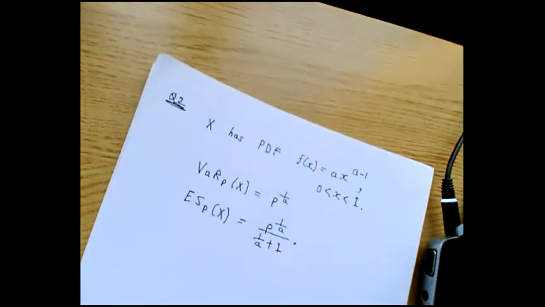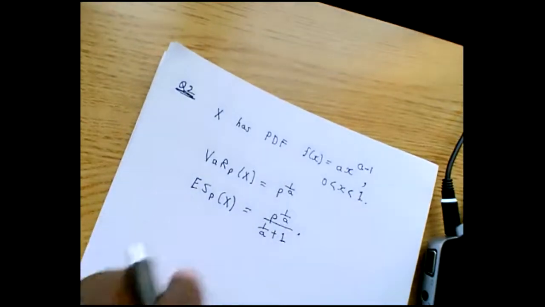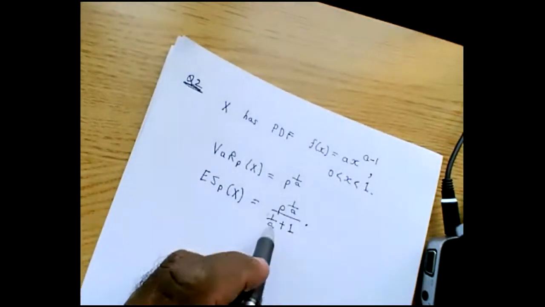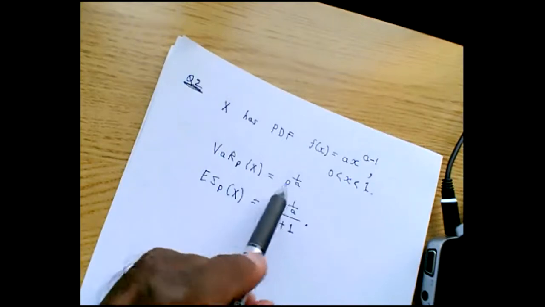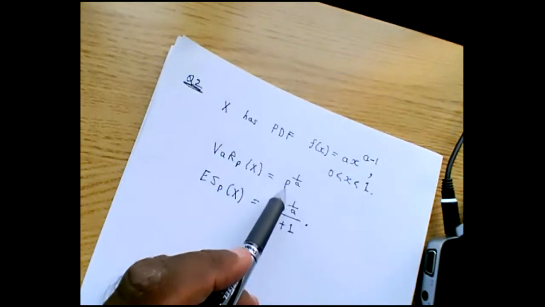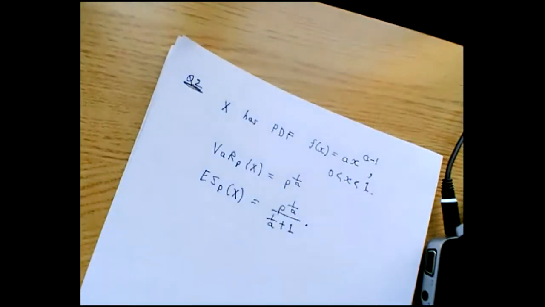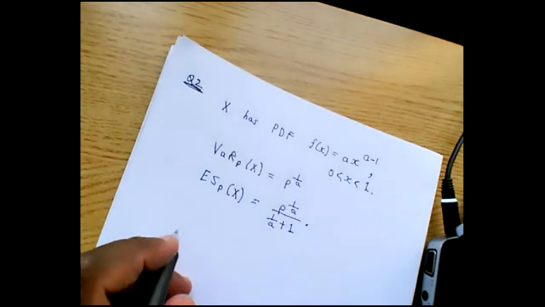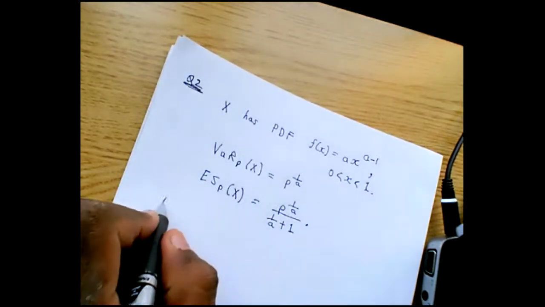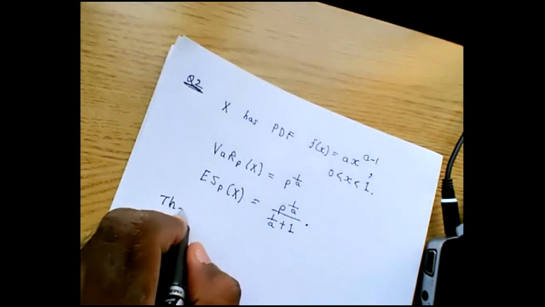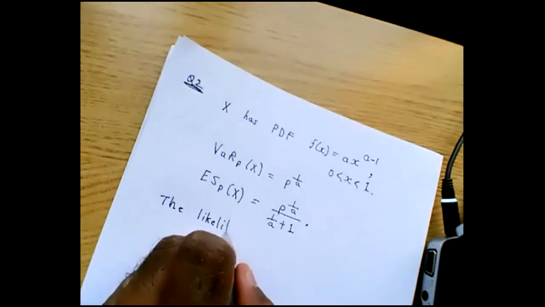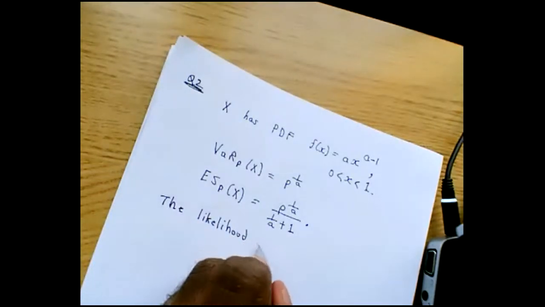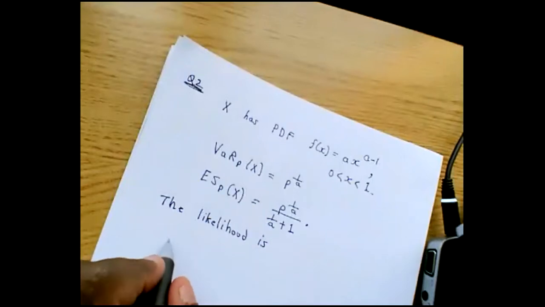Now to find the MLEs for these, there's only one parameter that you need to estimate, which is A, because P is a fixed number. To estimate A, the first thing is that you need to write down the likelihood function.